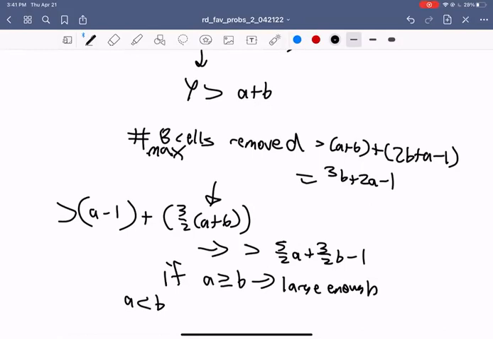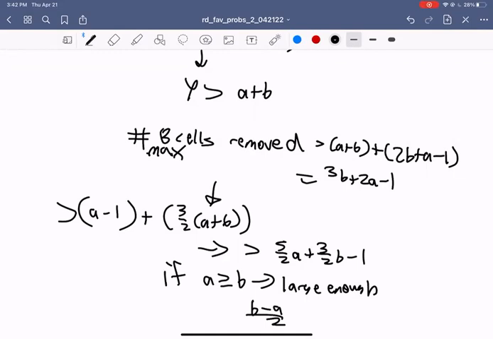Then we have to consider the amount of bronze cells we can find. So there are at least, wait, actually, we want, okay, so the difference from what we need here is B minus A over 2.